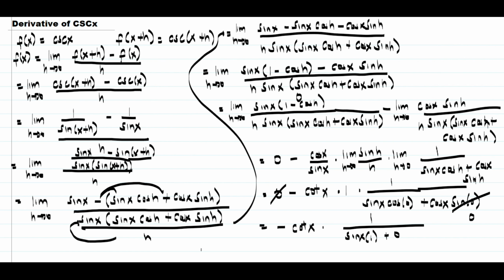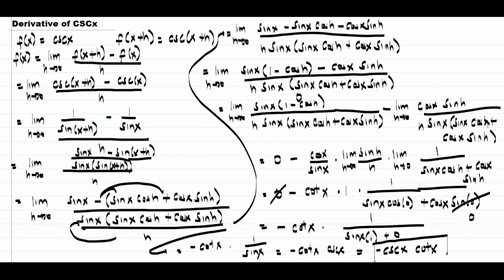So to simplify this one, we are going to have negative cotangent x times 1 over sine x. And 1 over sine x, that is cosecant x. So we have negative cotangent x cosecant x, or we can write our answer as negative cosecant x cotangent x. So therefore, this will be the derivative of cosecant x.